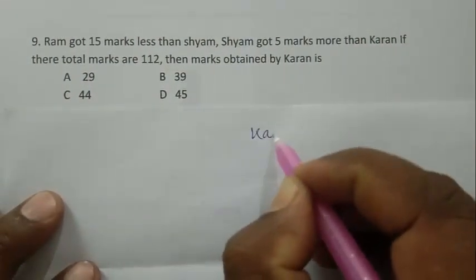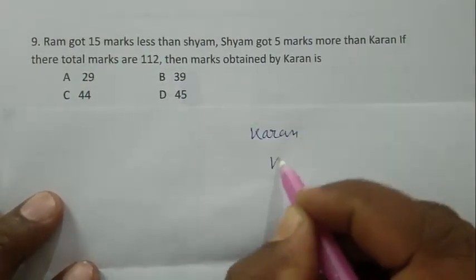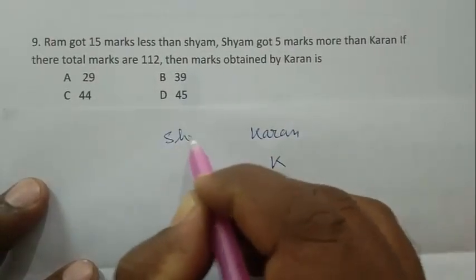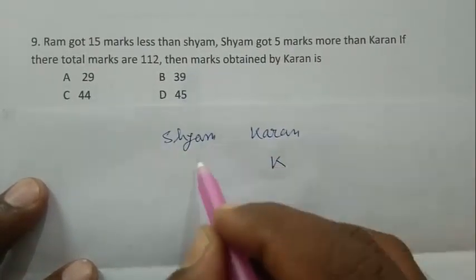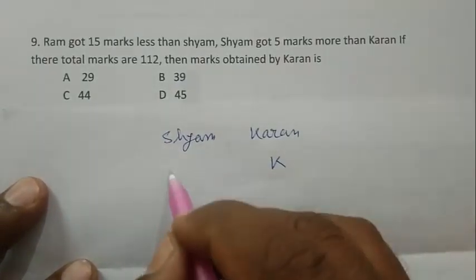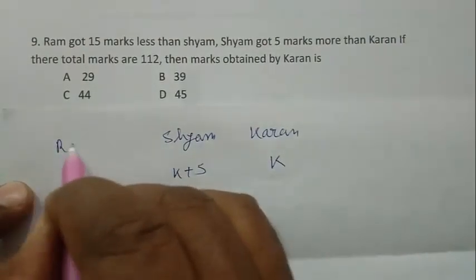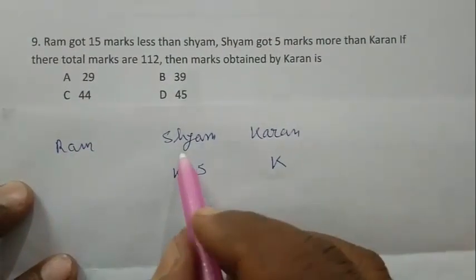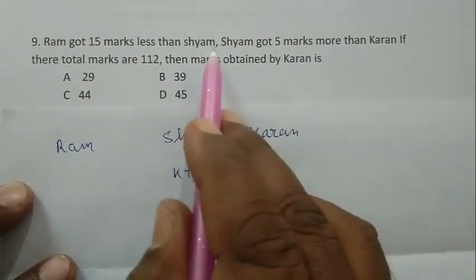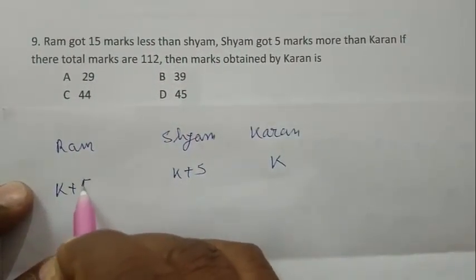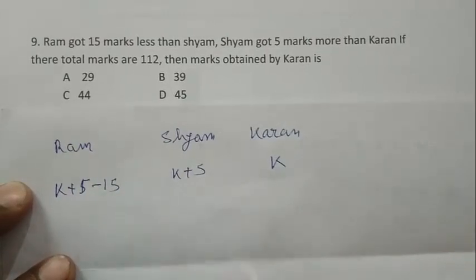Karan gets k. Sam gets 5 marks more than Karan, that is k plus 5, and Ram got 15 marks less than Sam, that is k plus 5 minus 15.